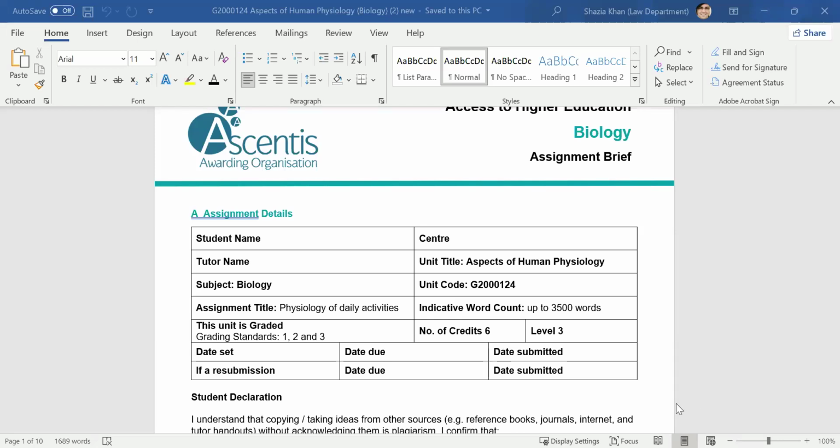Then in learning outcome 2, we looked at understanding that homeostasis is the key process which maintains the internal environment of the body. In regards to the indicative content, we looked at what homeostasis is and what the positive and negative feedback mechanisms for homeostasis are. Examples of control include blood glucose levels.